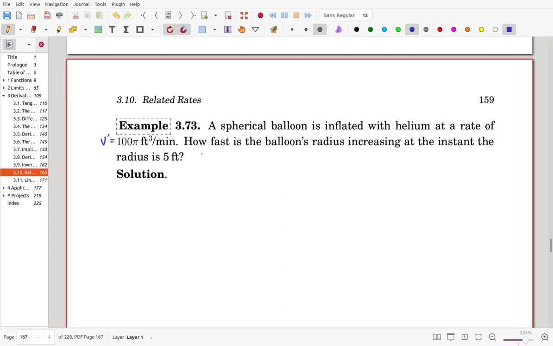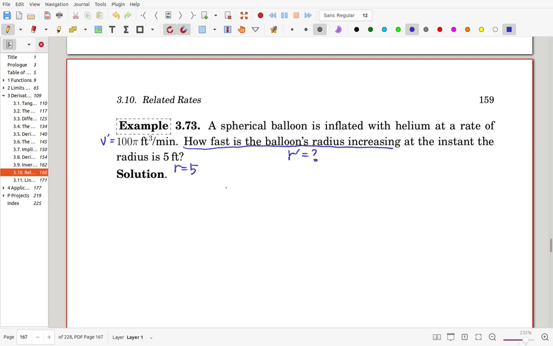So what we have to find is the rate of change in the balloon's radius, so if it is r, then r prime is the unknown. At the instant the radius is 5, which means that r equals 5.